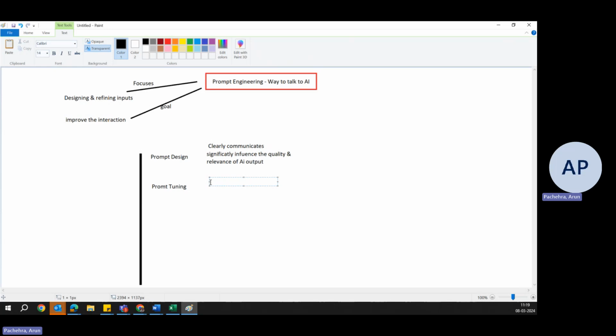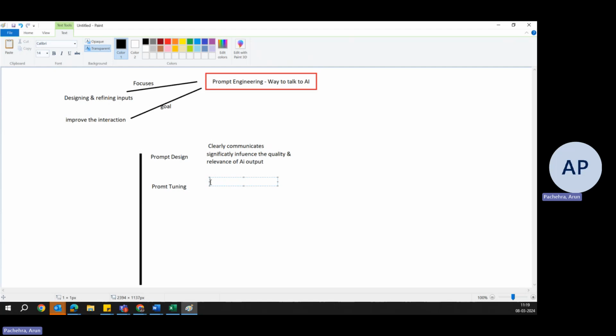Prompt tuning is a more technical aspect involving the adjustment of the prompt itself to better align with the AI's training data, thereby improving the model's response without altering the model's parameters. This can include adding keywords, changing the structure of the prompt, or including examples within the prompt to guide the AI's response.